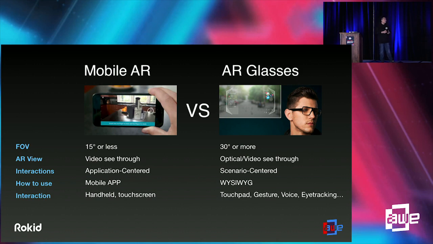That means what you see is what you get. AR glasses have sensors and all the components to help you know what's going on in the surroundings, so they help you pick up a specific app and do the interaction. AR glasses also have more comfortable ways to interact with the user. You can use a touchpad, gesture, voice, even eye tracking.